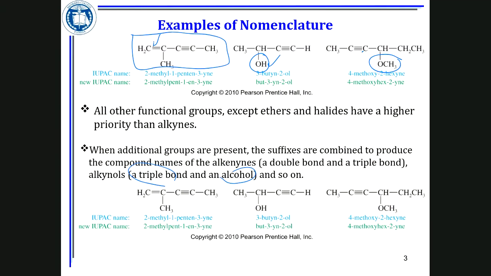So you have to decide which one is going to take the priority, and after you decide, then you can start numbering. In this case, you have to number from the left side because the alkene is closer to the left side. So it's going to be 2, 3, and then 4, 5.